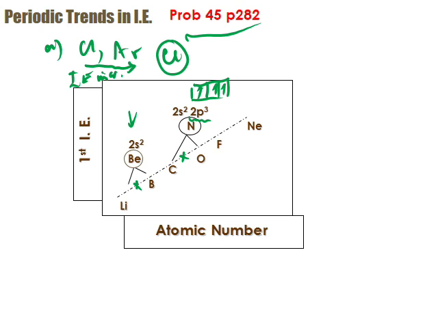Now let's do, again, these are very similar problems, 45D. In 45D, question is about sulfur and germanium. So 45D, sulfur and Ge.